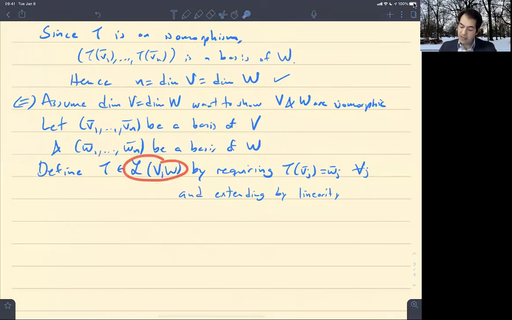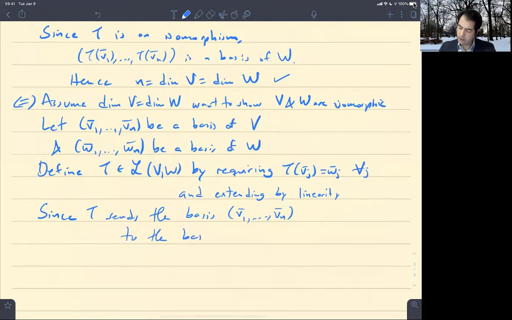This is a linear map, and it takes this basis to this basis. So it has to be an isomorphism. Since T sends the basis V1 through Vn to the basis W1 through Wn, it is an isomorphism, which is what we wanted to check. So now that's both directions.